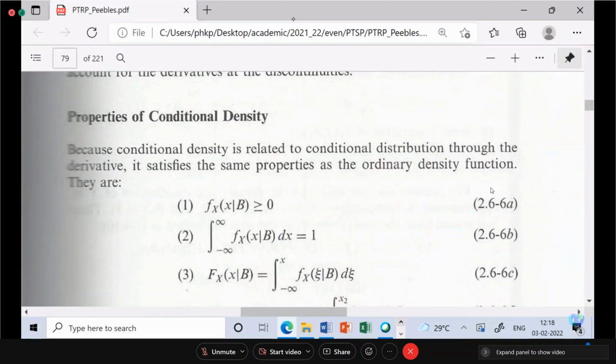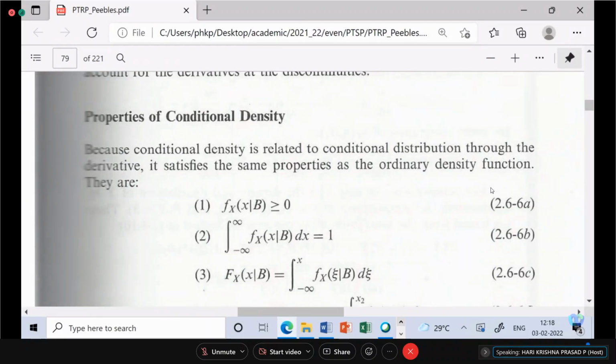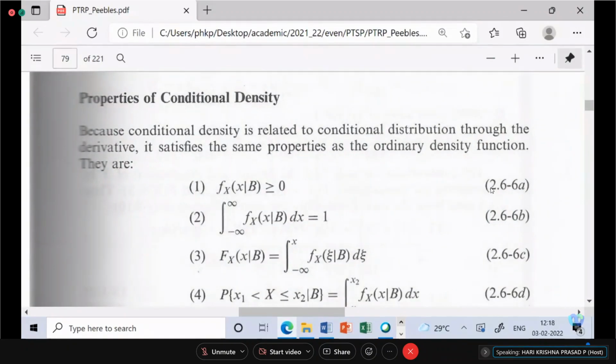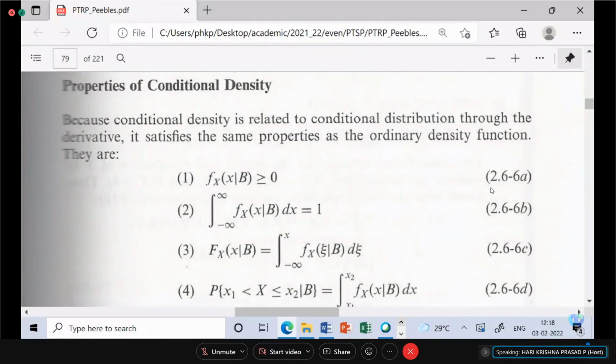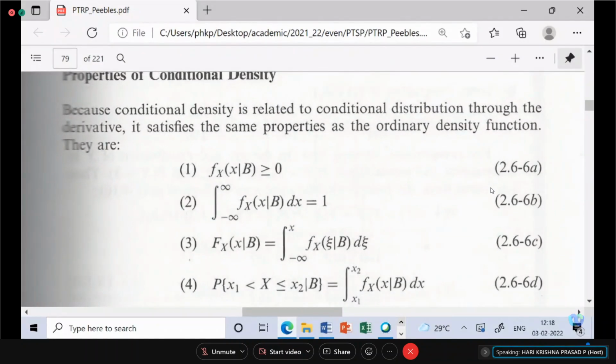Once the distribution function, conditional distribution function properties are discussed, there should be the discussion on the corresponding conditional density function. So you take the derivative of the conditional distribution function. We get the corresponding density function.